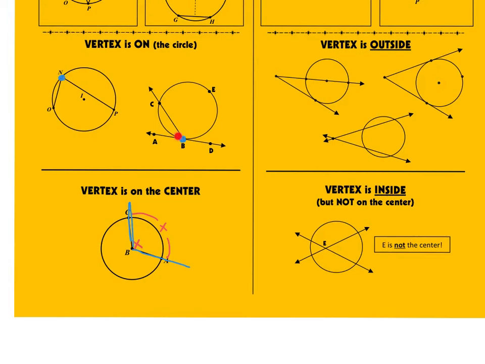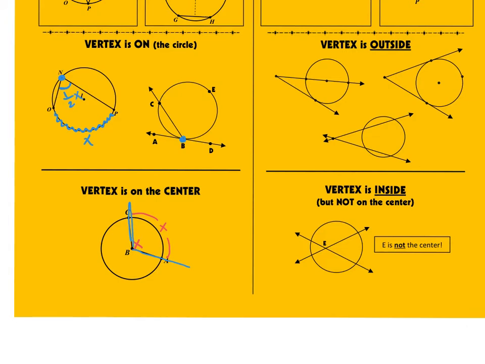What matters is where the vertex of the angle is. So if the vertex is on the circle, then the measure of this angle right here is going to be half of its intercepted arc. So if my arc is x, then the measure of my angle is going to be 1/2 x.